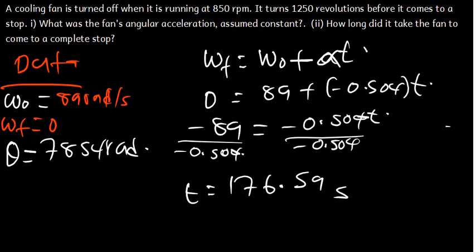I can convert this into minutes by dividing by 60. So it took about 3 minutes for the fan to come to a complete stop. So this is how you go about such kind of question. Thank you for watching this video.